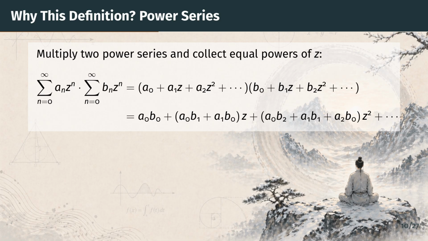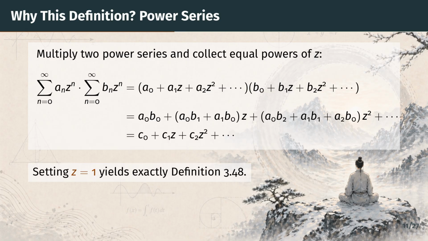Next, one small step turns this into the definition. The last line of the expansion identifies the collected coefficients as C sub 0, C sub 1, C sub 2, and so on. Now set z equal to 1. The left side becomes the product of the two ordinary series, and the right side becomes the series of the C sub n.